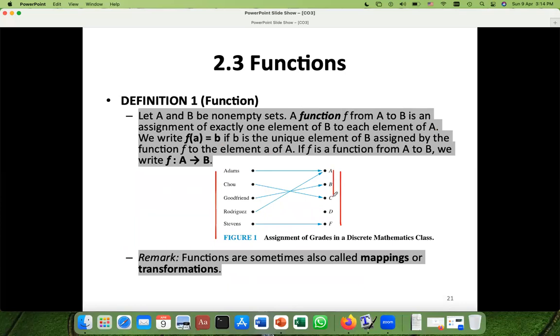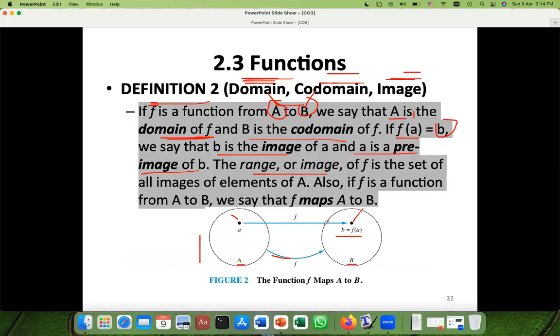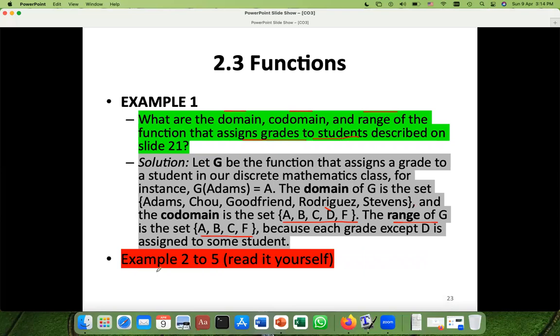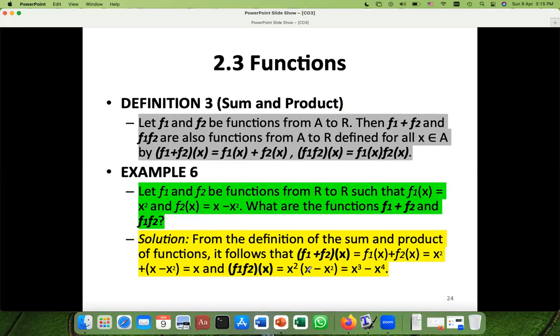These are connected, but this was not connected. So in the codomain, it is existing, but in the range, it is not. And there are examples 2 to 5 in the textbook that you have to read by yourself, okay? That would be the same: what is domain, codomain for different examples. And then the sum and the product.